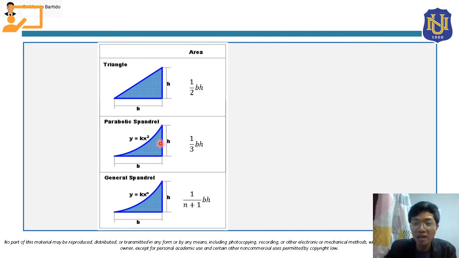You might think that you can use this formula to solve for the area of that figure, 1/3 base times height, with this base and this height. But you cannot do that. You can only use this formula if the vertex of your parabolic spandrel is at (0, 0).